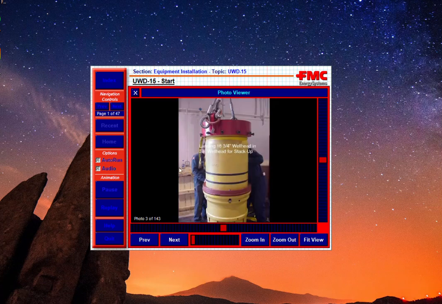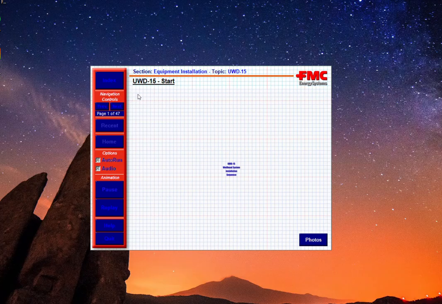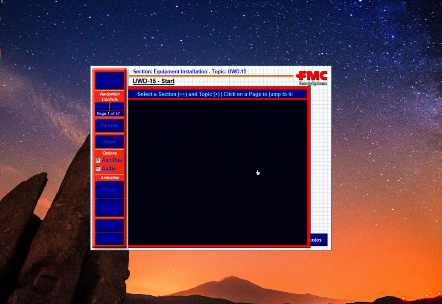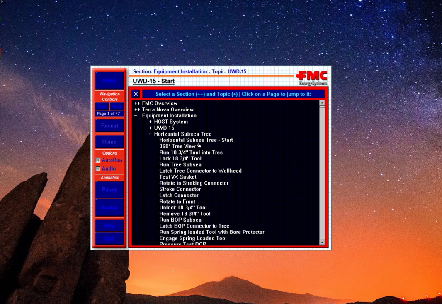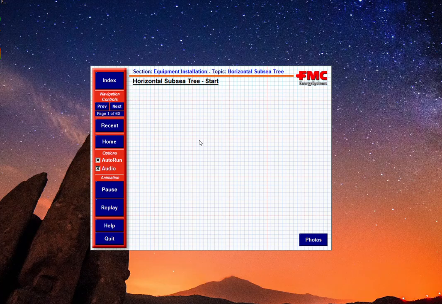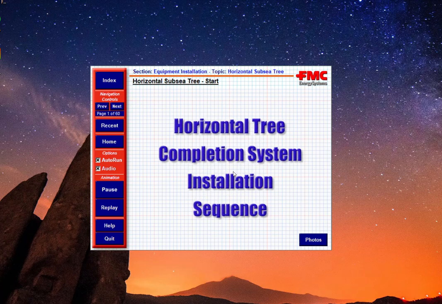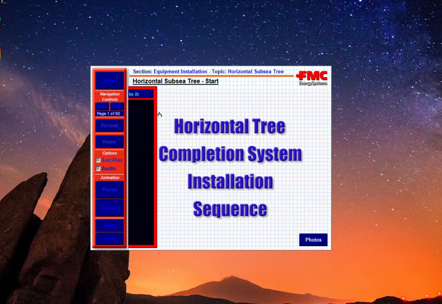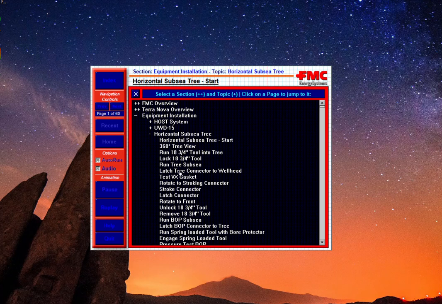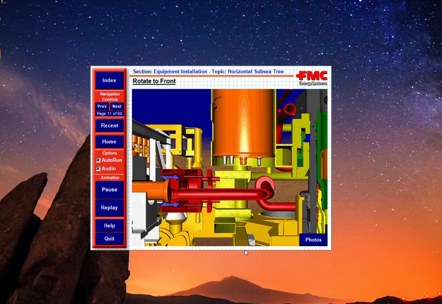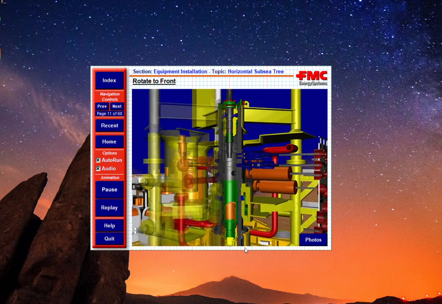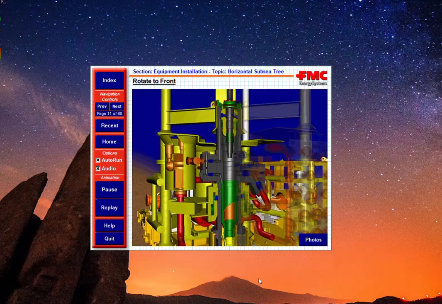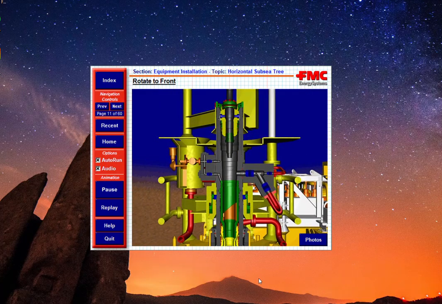What could be interesting to quickly look at maybe would be the connectors. Let me see. Horizontal Christmas tree. The latch connector. There it is, the latch connector. Here is where you see how the tree connects to the manifold and why we have to do the 1 degree inclination.